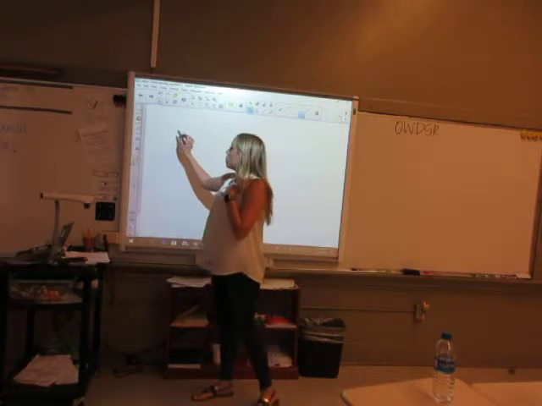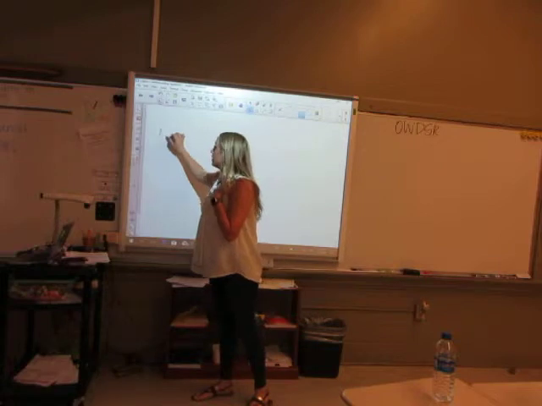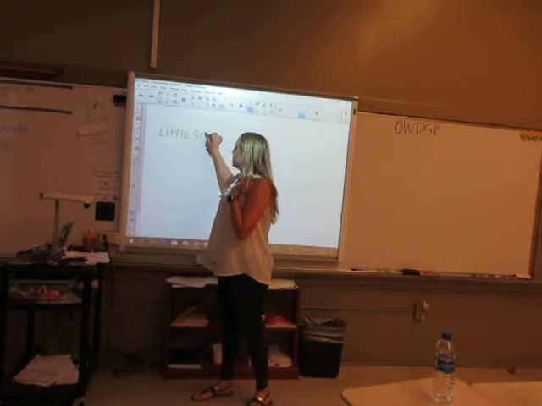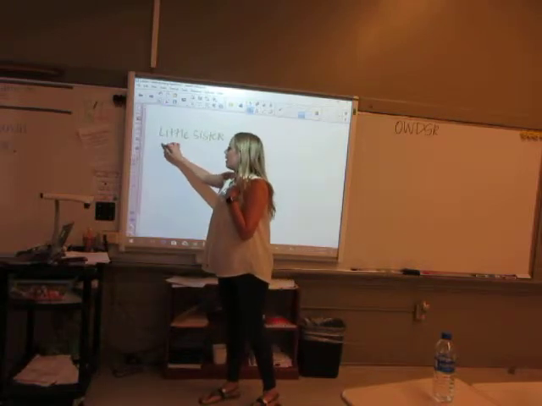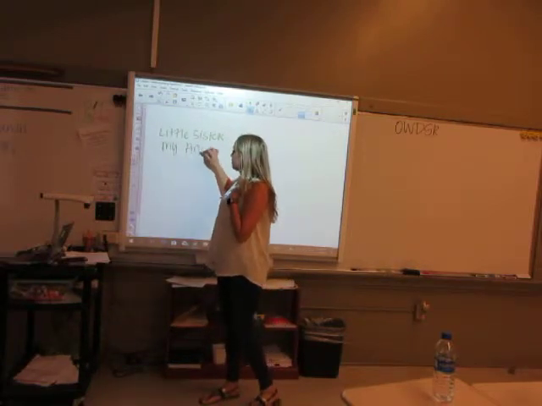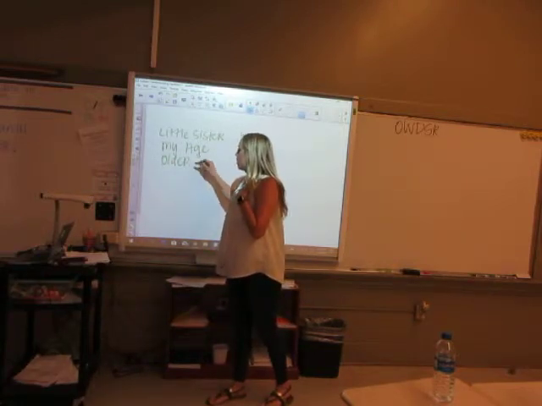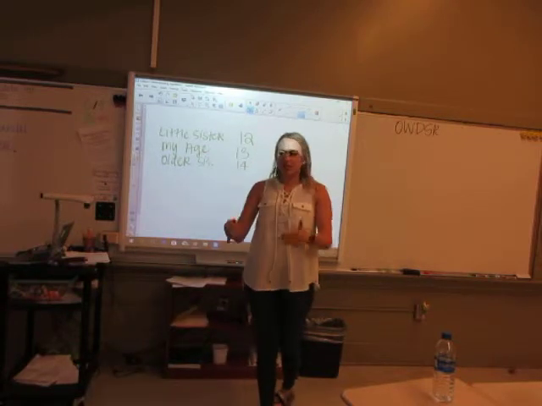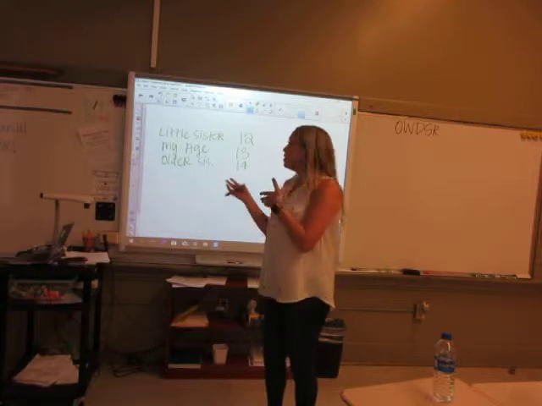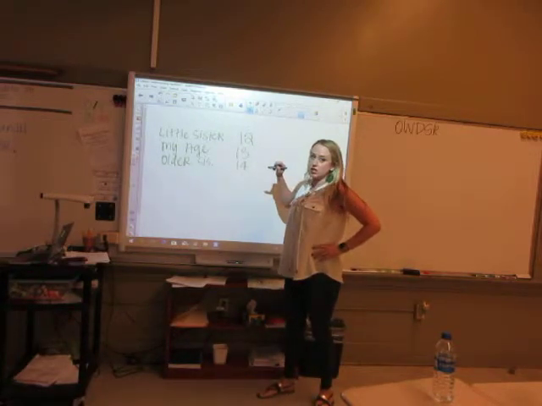In my example earlier, my little sister is 12, my age is 13, and my older sister is 14. Consecutive integers, consecutive ages. Let's say we don't know how old the little sister is.